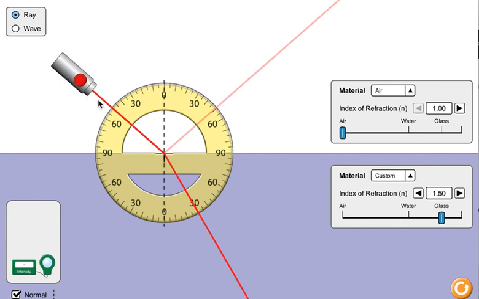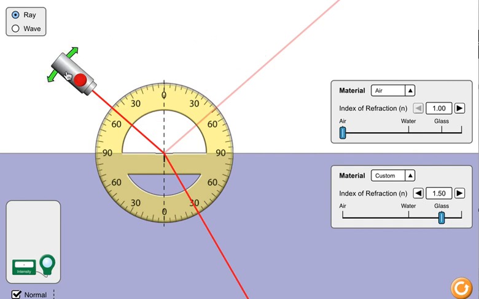So this is my incident ray, and this is my reflected ray. So this makes this angle here the incident angle, or the angle of incidence, and this angle here is the angle of reflection. Okay, and we always measure the angles from the normal to the ray rather than from the material to the ray. Okay, so that's the way that we do it.